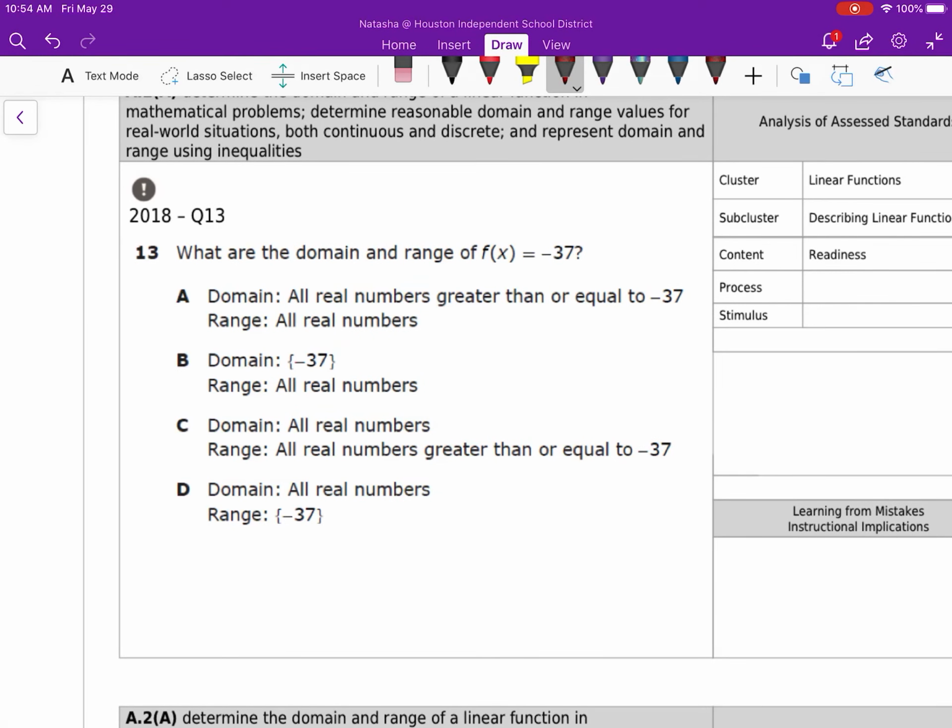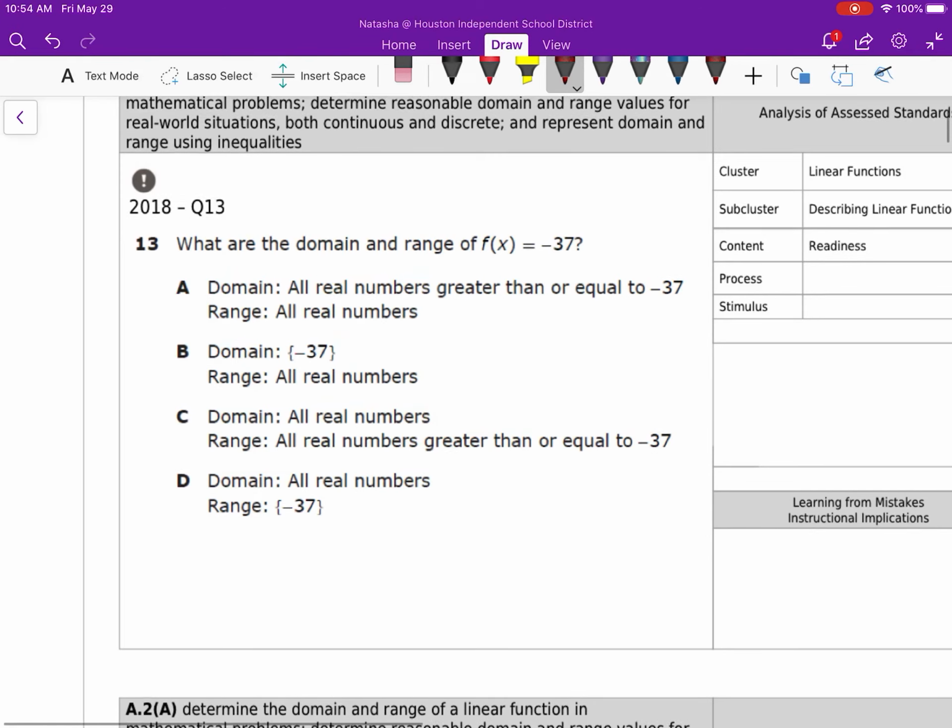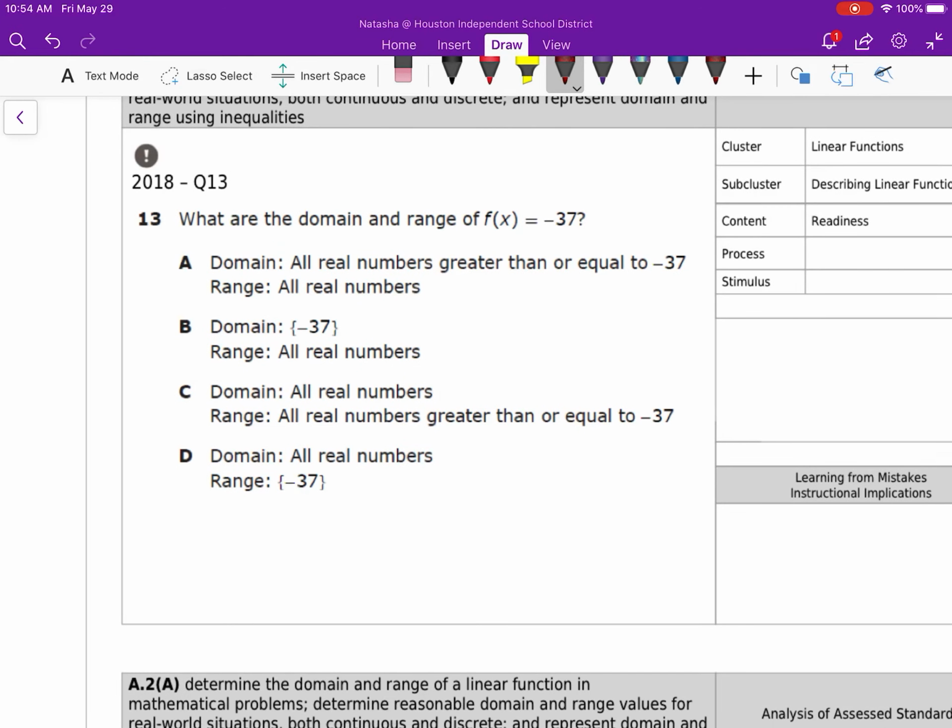We're still dealing with domain and range. We're going to be dealing with domain and range for a couple of these questions. And I'm going to only try to do 2 questions per video. The domain and range, again, the domain is our x values. The range is our y values. f of x is equal to -37. Okay, I'm going to graph this just so that I can talk about this because I think it's important that we discuss what exactly this means.